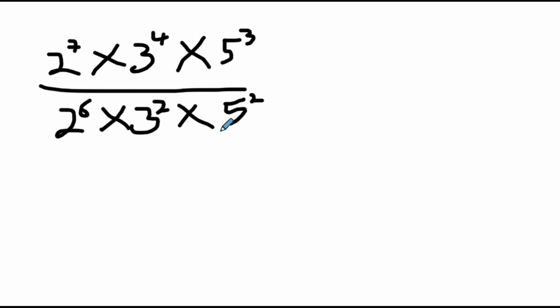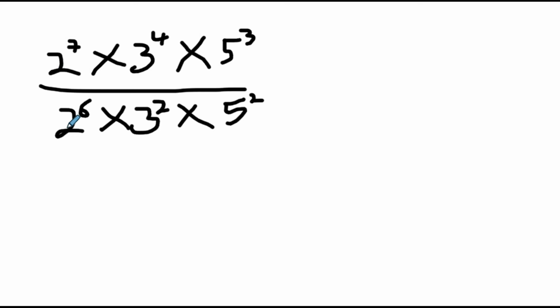We are asked to evaluate this in standard form. Looking at this problem, just find the bases that are common in the numerator and the denominator. We have 2 here, we have 2 here, they are common. We have 3 here and 3 here, and 5 here and 5 here. So we apply the laws of indices to evaluate this.